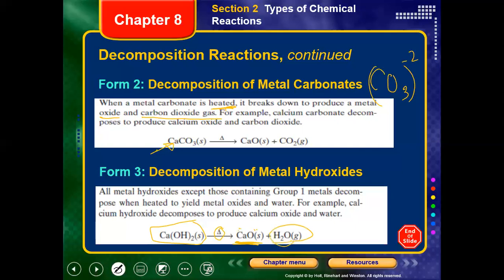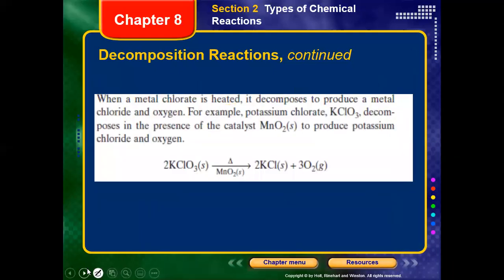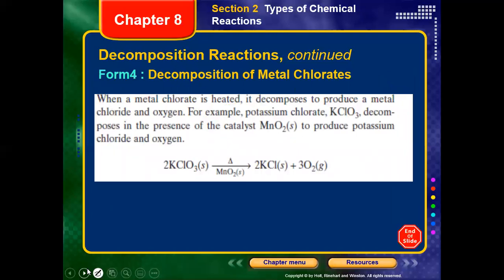So the decomposition of metal hydroxide gives two compounds: one of them is water and the other one is metal oxide. This is form 3 of decomposition reaction.